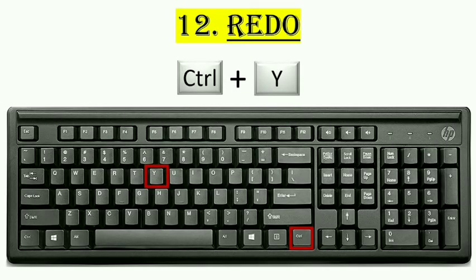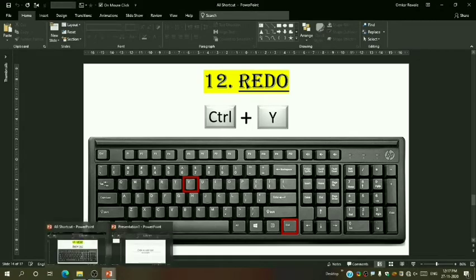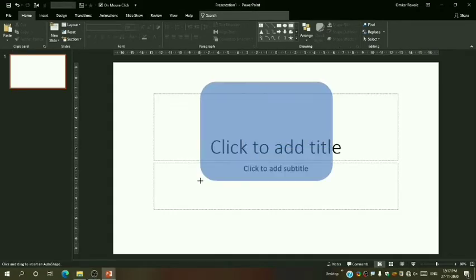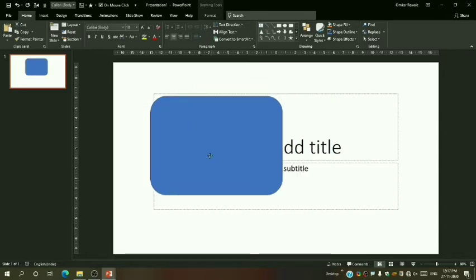So the 12th shortcut key is for redo, that is Ctrl plus Y. Let us see that also. Now here again I will insert one object. Okay, so you can see that.